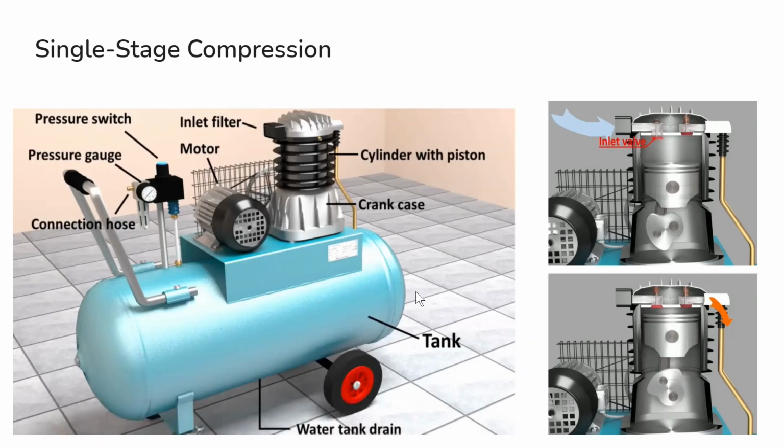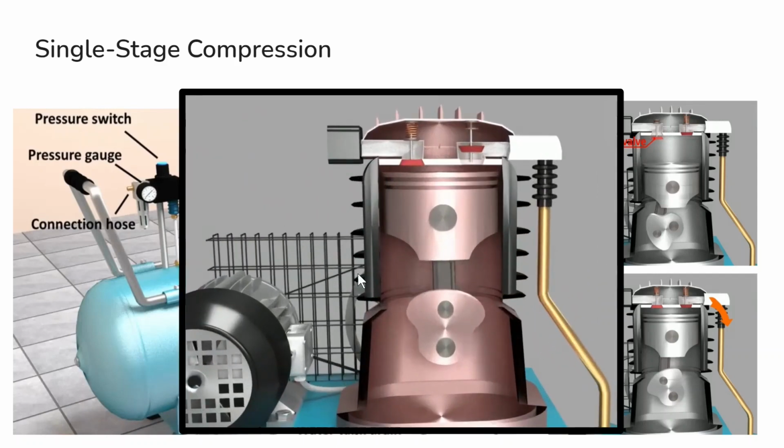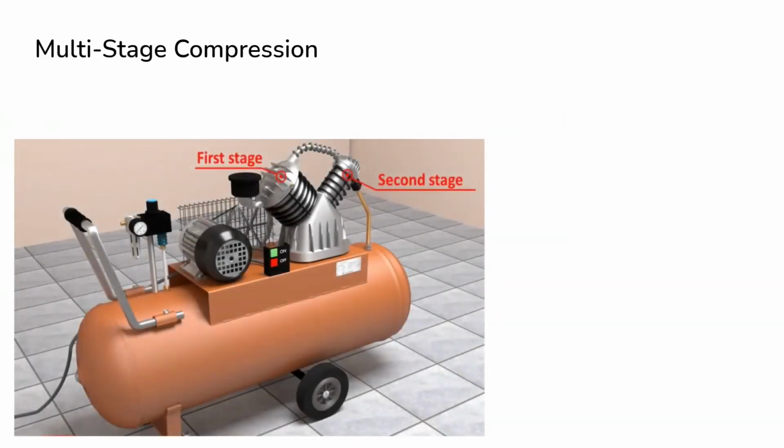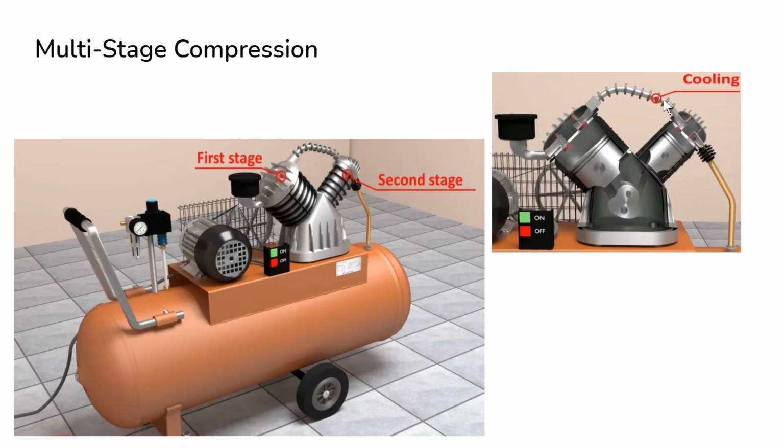Now in single stage compression, when we do this continuously, the machine gets heated up and it may lead to some explosions and all. So to avoid this, we use multi-stage compression. In multi-stage compression, we have two cylinders with pistons, and we have a tube here which is called the cooling tube.